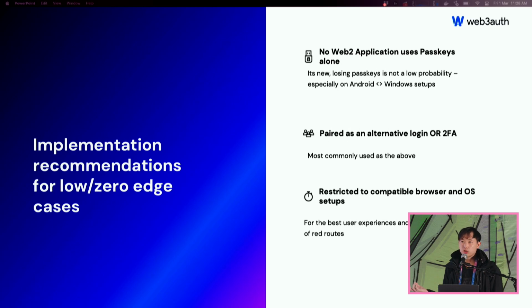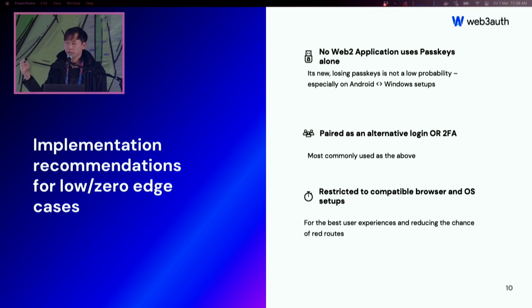So, some implementation recommendations so that you don't commit the same mistakes that we and some of our early customers did. With passkeys, you definitely don't want to use them in a silo at this point in time. What I mean by this is you don't want to use passkeys as the only signer to your account abstracted wallet, or the only signer to your account, essentially.